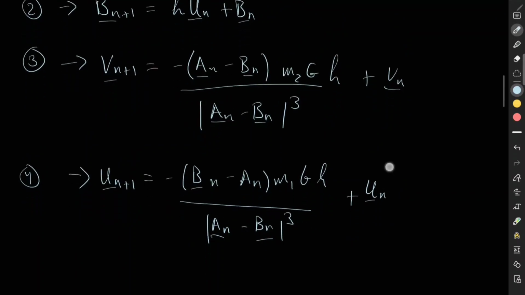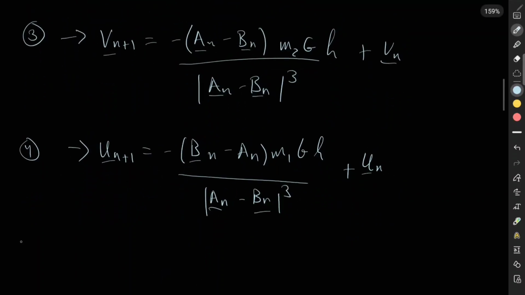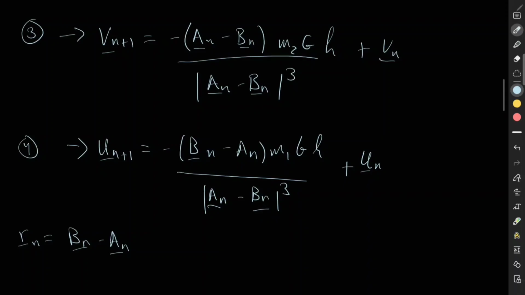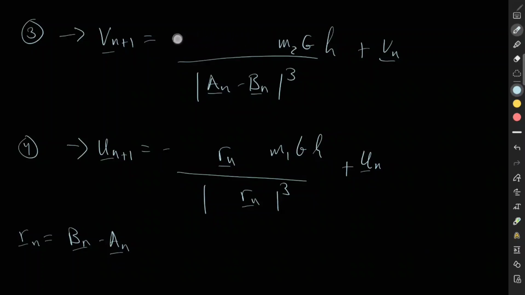Now it's going to be useful to introduce the relative position R_n equals a_n minus b_n, just to make all of this neater. So we can write in R_n here, and minus R_n, so positive R_n here. Okay?